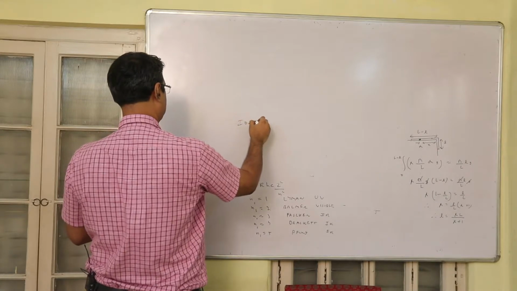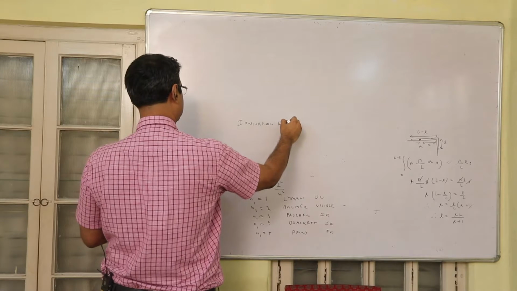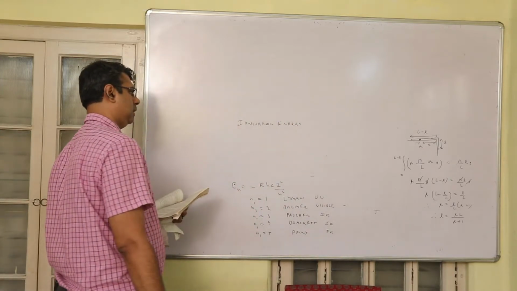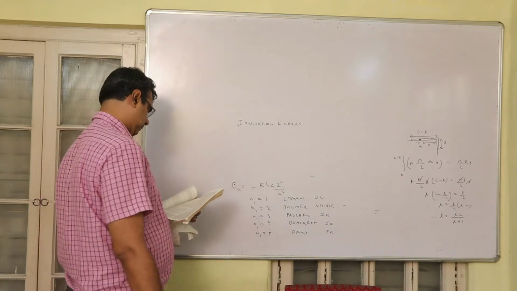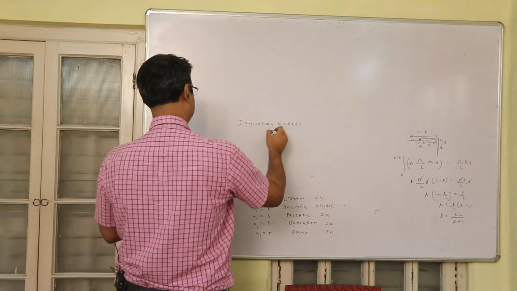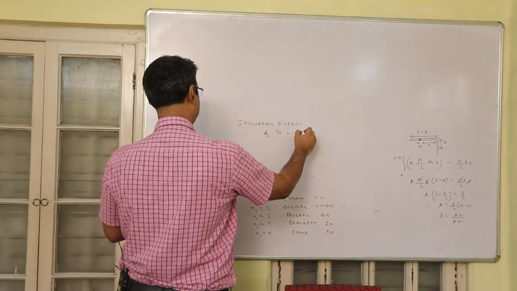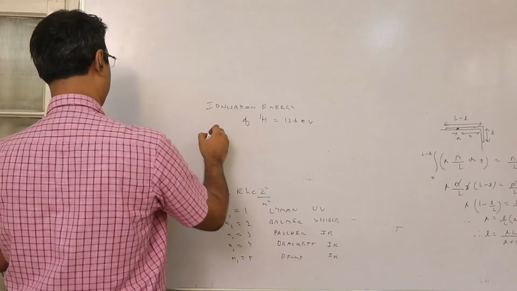Now, you have already heard of the word ionization energy. So ionization energy is the energy required to ionize an atom. So for example, ionization energy of hydrogen in ground state is 13.6 electron volt.